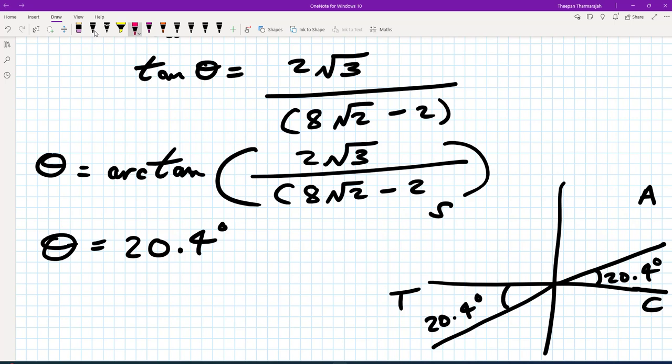So we always measure angles in an anti-clockwise motion, so it goes from here to there. So the second solution is going to be 180 plus 20.4.